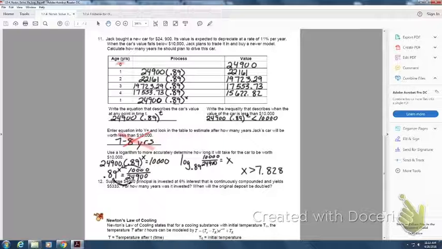Alright, so let's look at the next problem. It says, suppose 4,000 in principal, which is the same as initial value, is invested at 6% interest, compounded continuously. Ryan, what formula are we going to use?